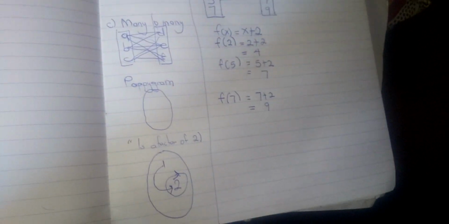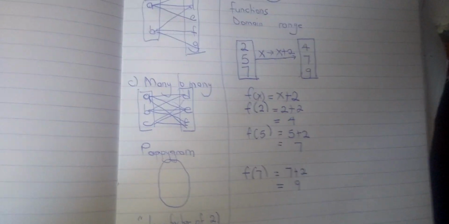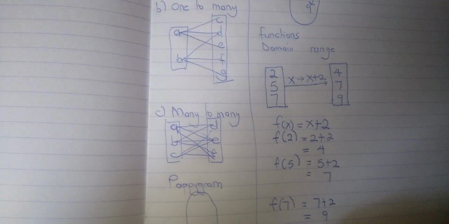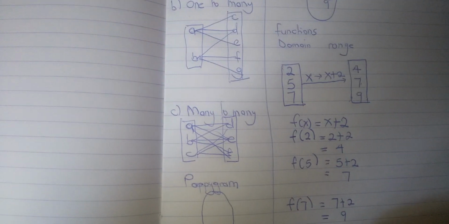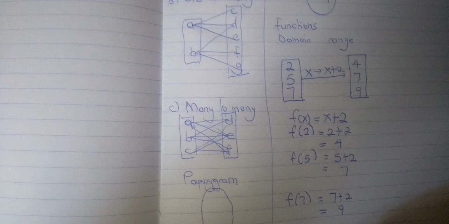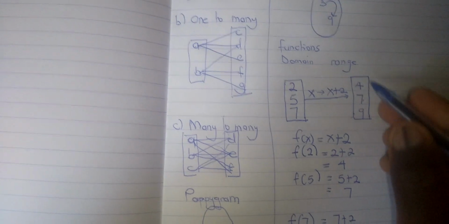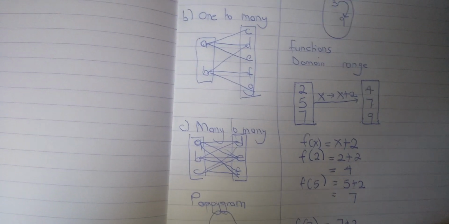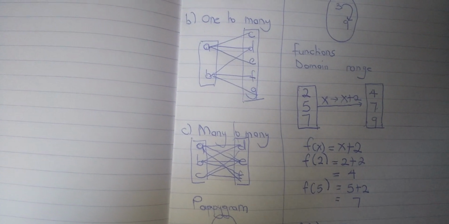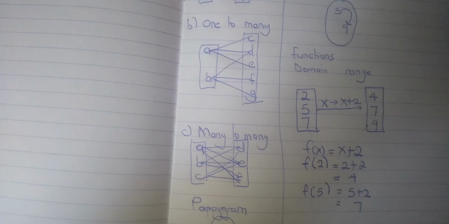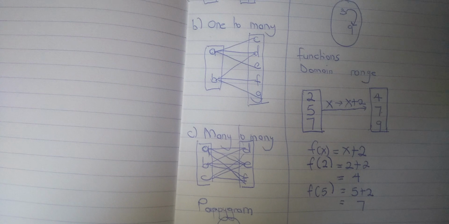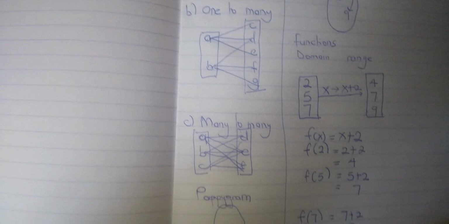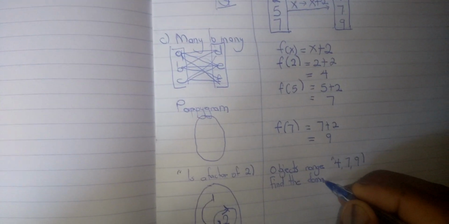So given the range, for example, they have given us the objects in the range, I'll just use the above example. So the objects in the range are given maybe as 4, 7 and 9. They tell us to find what is in the domain.